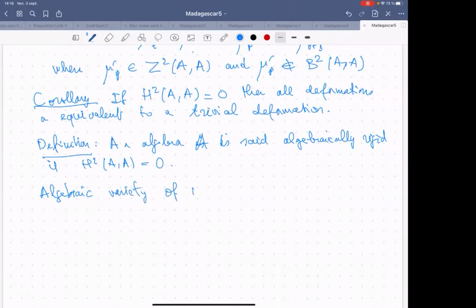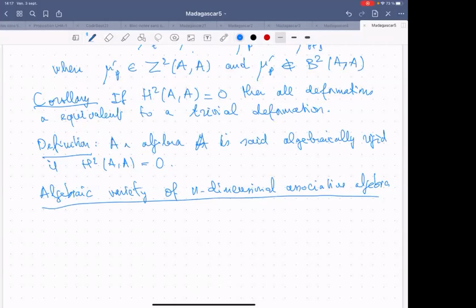of n-dimensional associative algebras. Here we can take them unital. Then let n be the dimension of A. Then if we have finite dimension for our vector space, we can fix a basis.